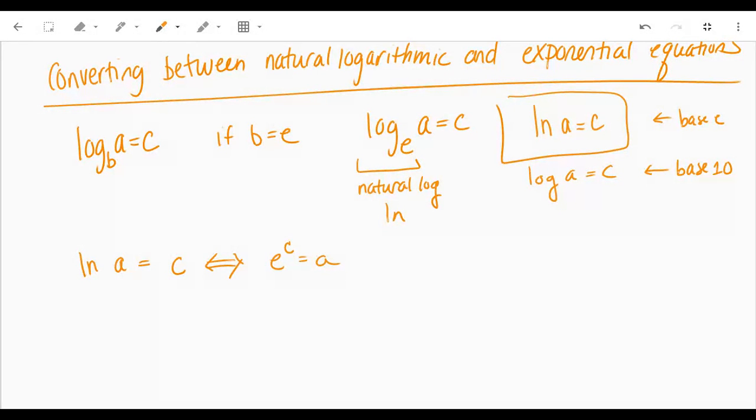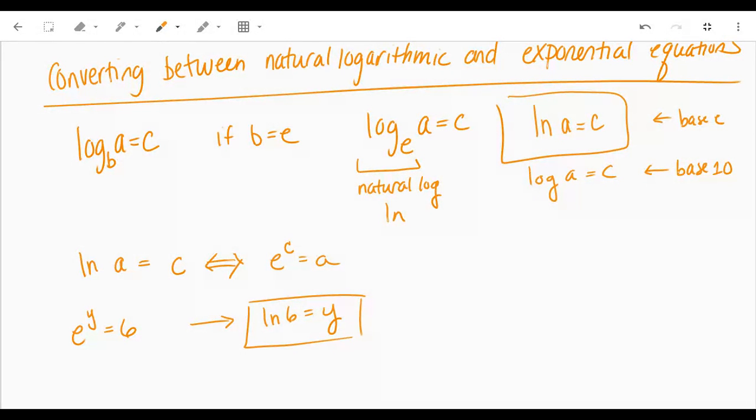The first problem I see on my screen is e to the y equals 6. It looks to me like c is y and a is 6. So we would go to the natural log of 6 equals y. If I think about my loop and swoop, e to the y equals 6, that's a good answer.